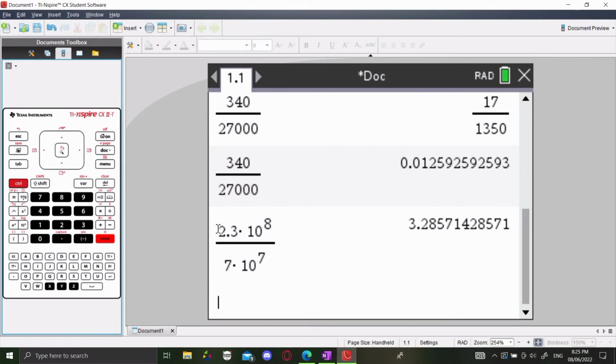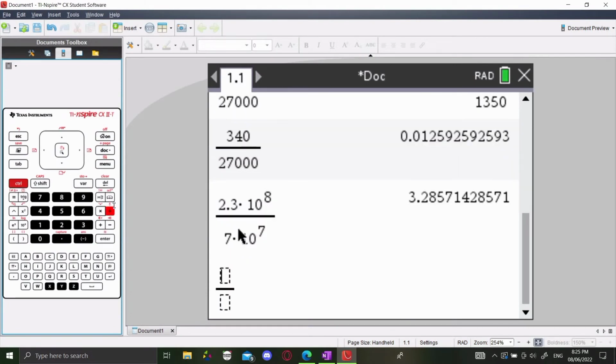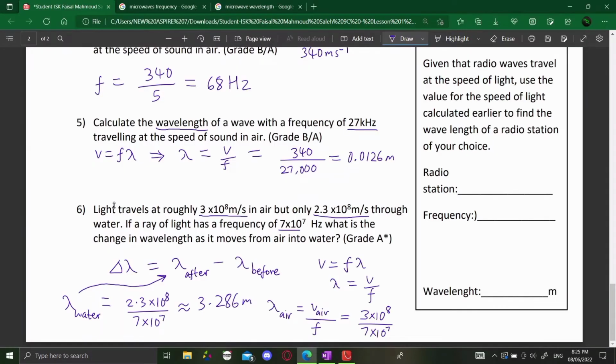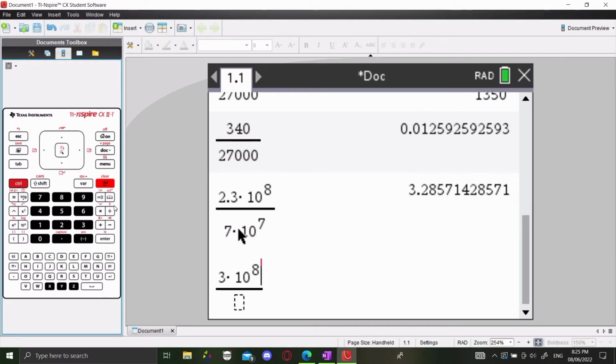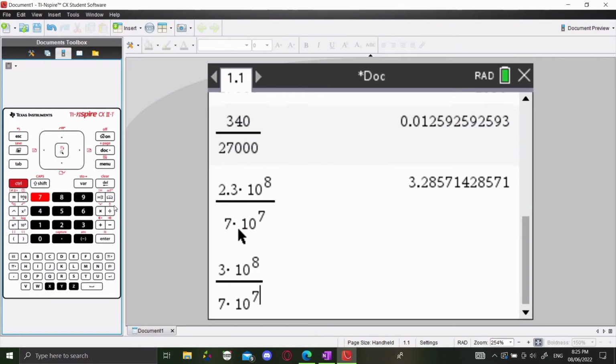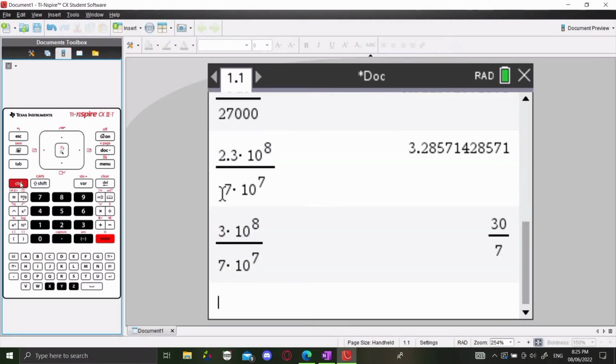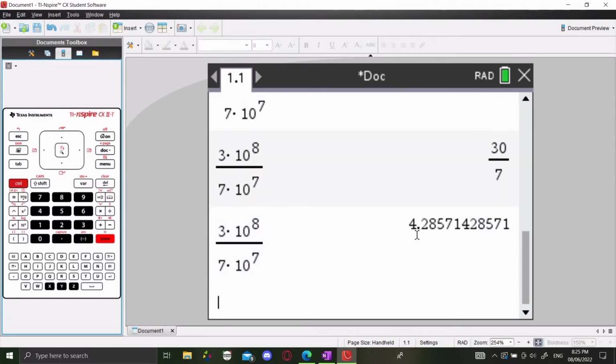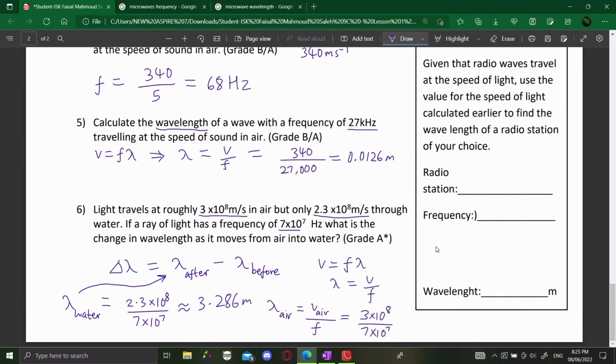Let's work that out. That comes out to be approximately 4.286. I'm going to round that off as well. So this is your wavelength before, when it was in air.